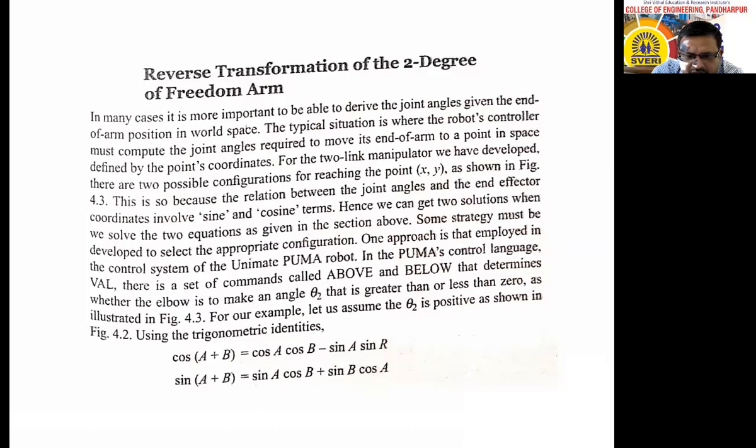For our example, let us assume the theta 2 is positive as shown in figure 4.2. Using the trigonometric identities, cos of a plus b is equal to cos a cos b minus sin a sin b, and sin of a plus b is equal to sin a cos b plus sin b cos a.